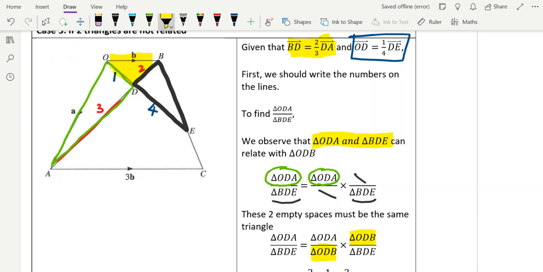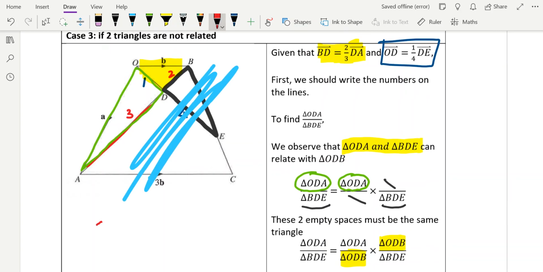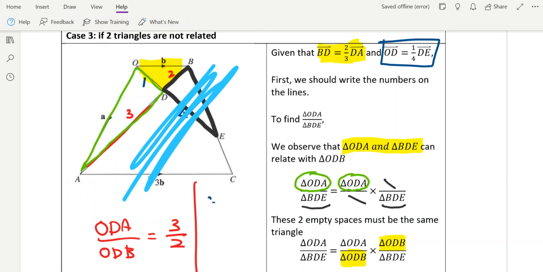Now I use case 2. Let me cover here. What is ODA over ODB? If you understand case 2 very well, you can immediately write that it's going to be 3/2. Same thing: what is ODB over BDE?